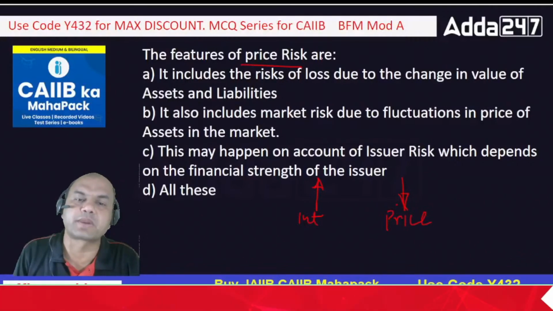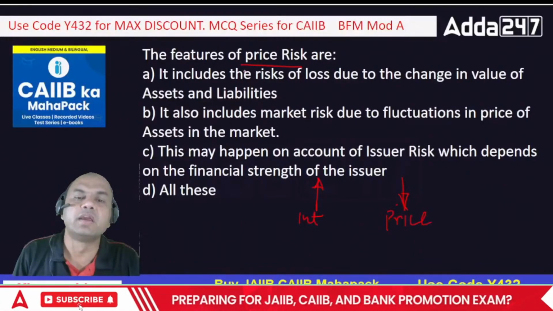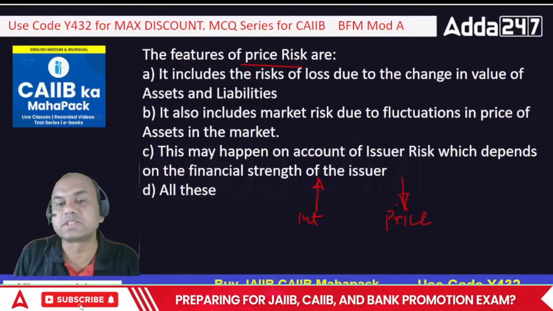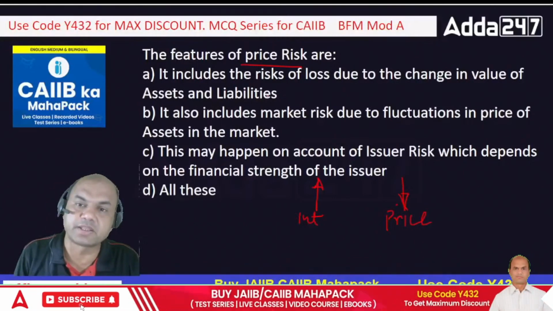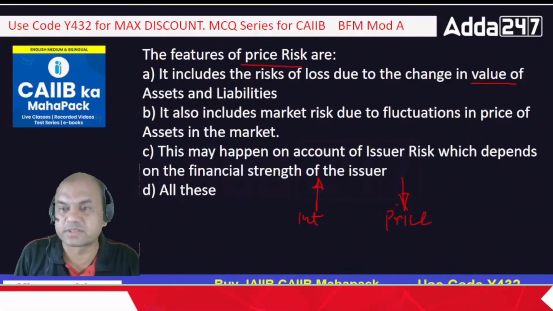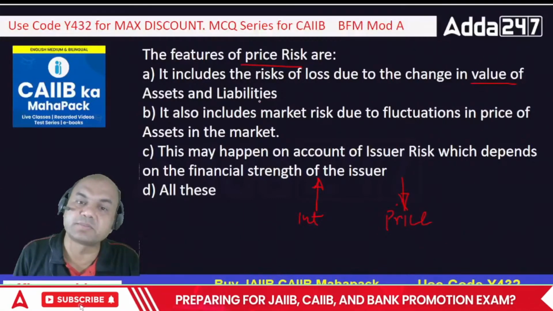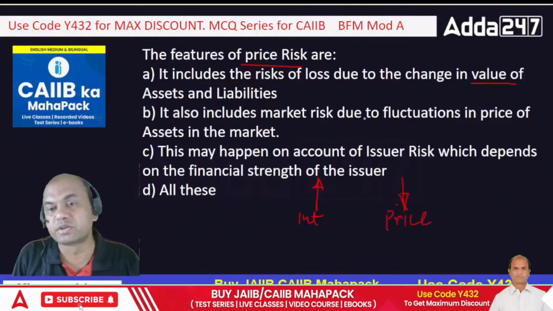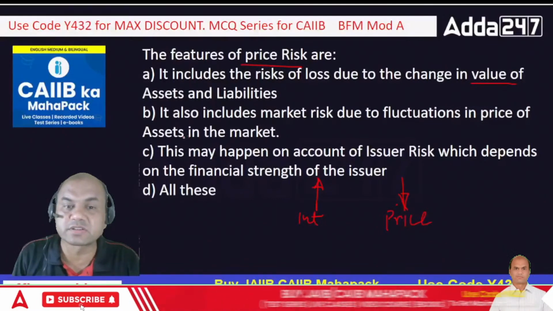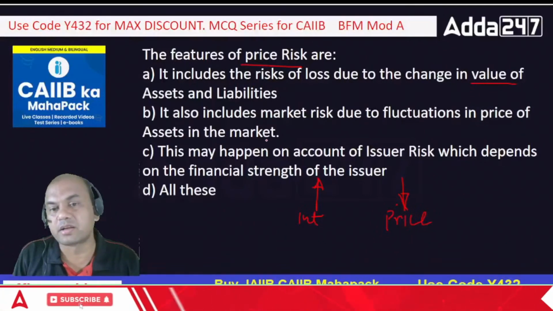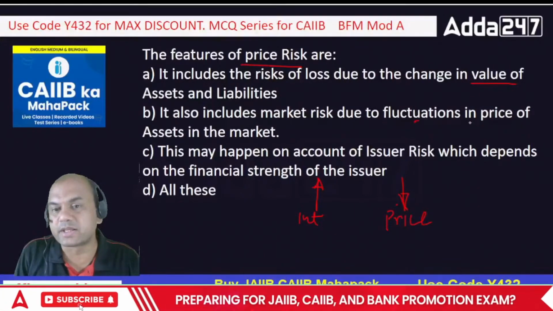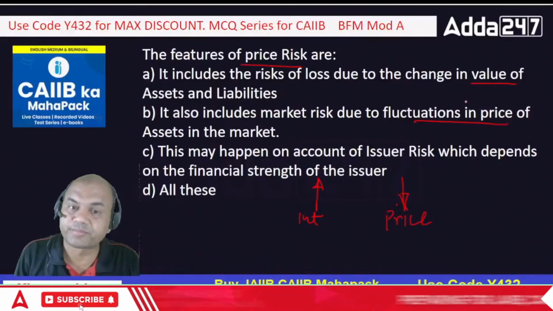The features of price risk are: number one, it includes risk of loss due to change in value of assets and liabilities. Value means what? Price. So it includes change in price of assets and liabilities. It includes market risk due to fluctuations in the price of assets in the market. So fluctuations in price are also a part.